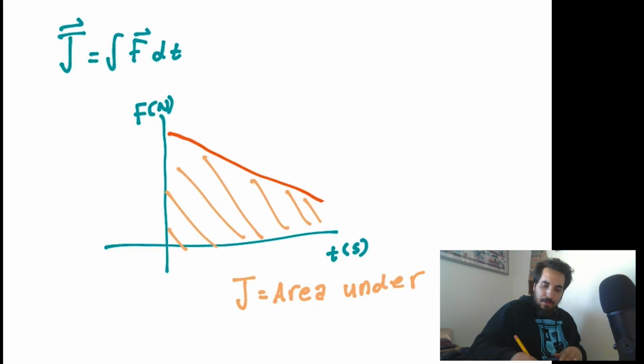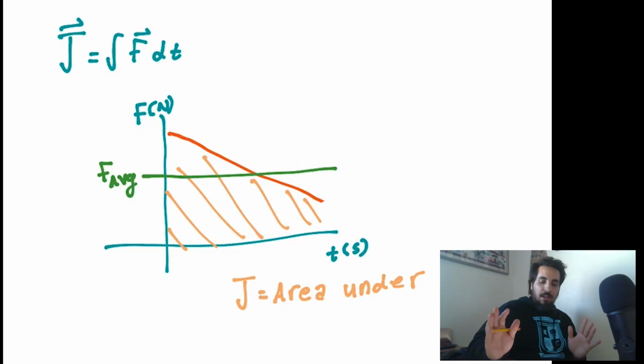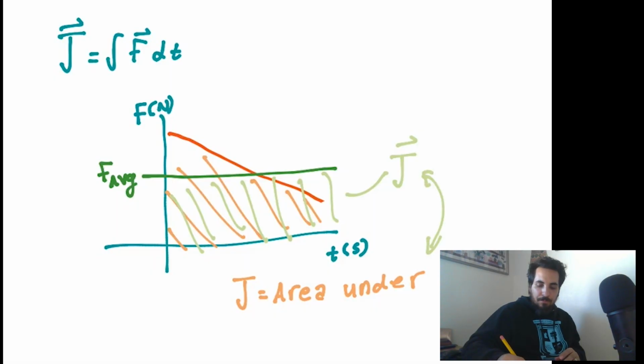And what's interesting is we can say that given some average force, if we could represent this force as just being some averaged value over time, the area under the curve of this average force, given by this lighter green area, well, it ends up mathematically being identical to the orange area, meaning that that average force gives you the same impulse as your original force.